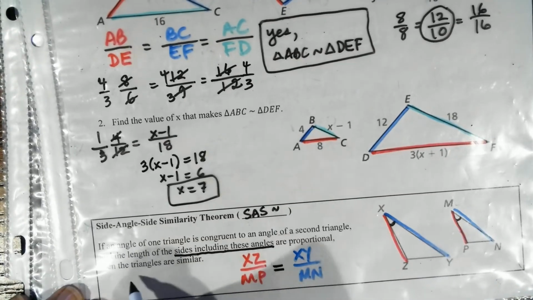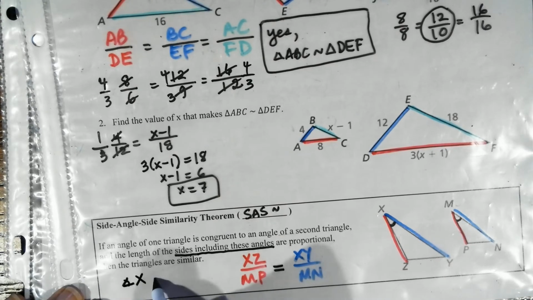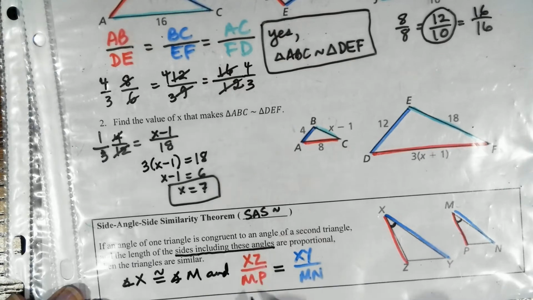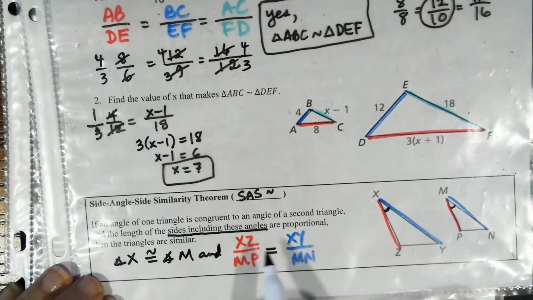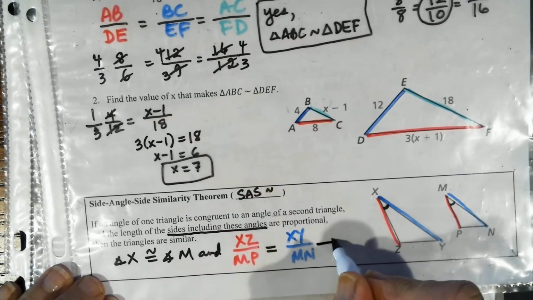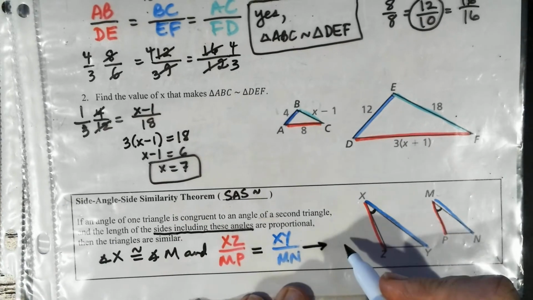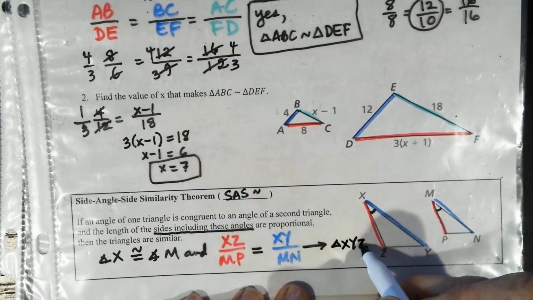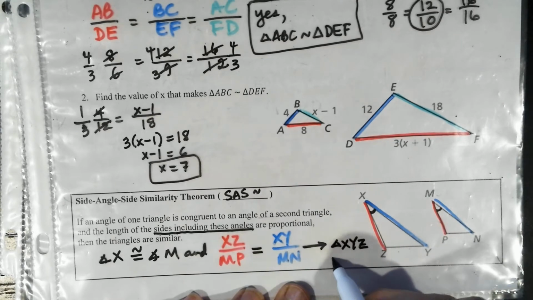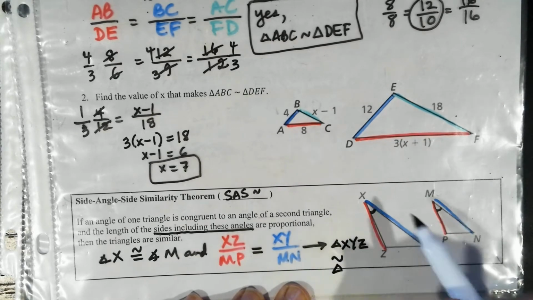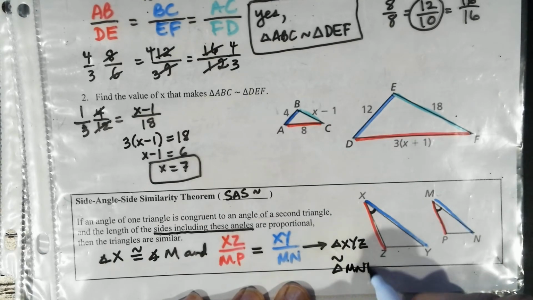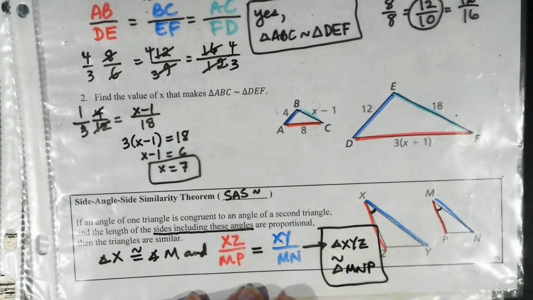So you have to have angle X congruent to angle M, and you have to have this proportion. But if you have those two things equal, then you can say that triangle XYZ is similar to MNP. That's what that theorem says.